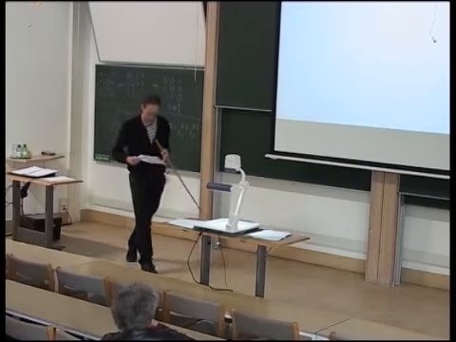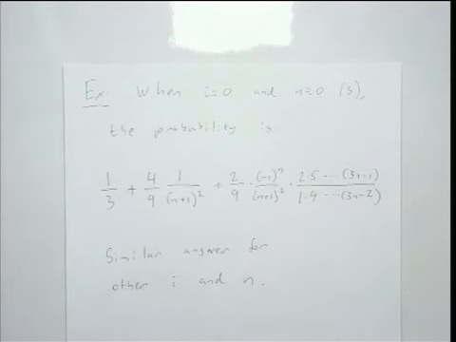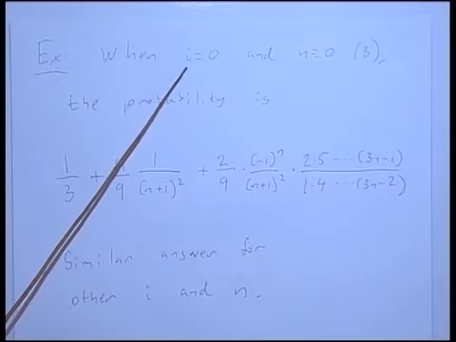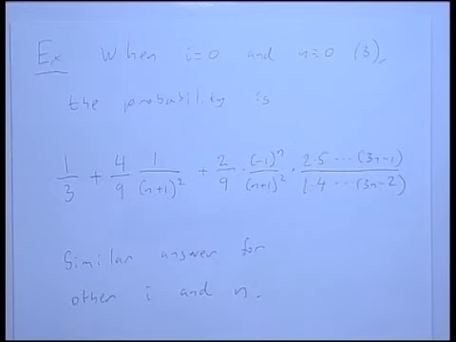And here I just give a sample answer. So the answer depends a bit on what n is mod 3 and what i is. So for instance, if you suppose that n is divisible by 3 and you look at the squares with color 0, so those were the black squares in the picture I had, then the probability will be, I mean, 1/3 is what you expect, of course, when n is big.